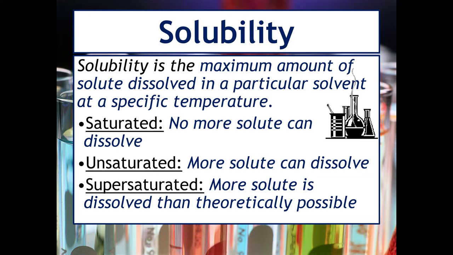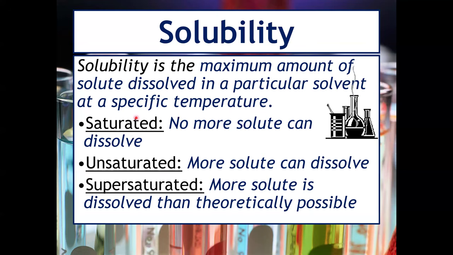Now, there are three different words that we can use to describe how much of the solute is in a solution. We can use the term saturated, which means that we have no more solute that can be dissolved. We have reached the maximum amount of solute that can be dissolved. And the term unsaturated means that more solute can be dissolved, so we haven't reached the maximum yet.